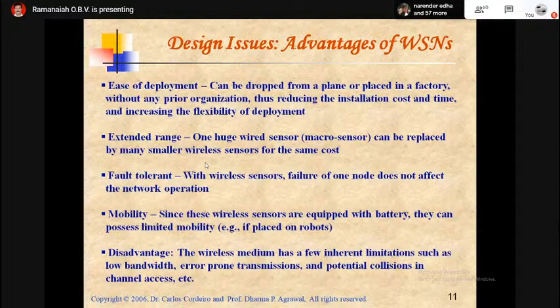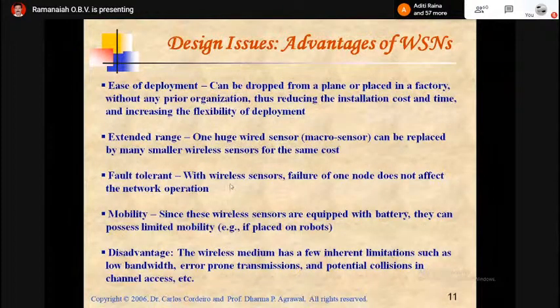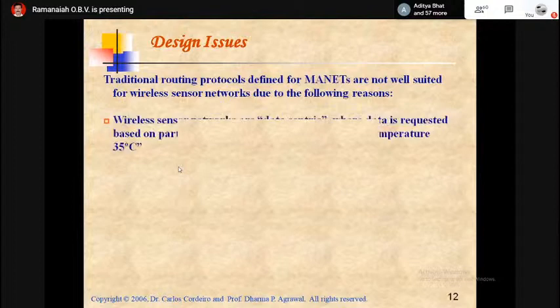These are the disadvantages, right? So wireless ad hoc environment is disadvantaged with very low bandwidth, right? And the medium is error prone, and because it is the broadcast medium, there is every possibility of collision. Collision will have profound impact on the performance, drastic fall down of the performance, right? So these are the disadvantages.